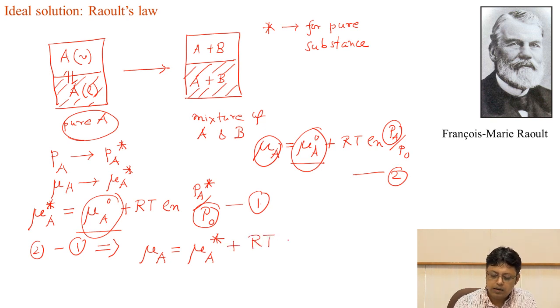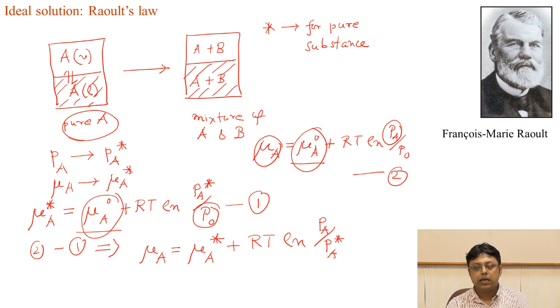Taking RT common, and since ln x minus ln y is ln x by y, we can write this as RT ln PA by PA star.